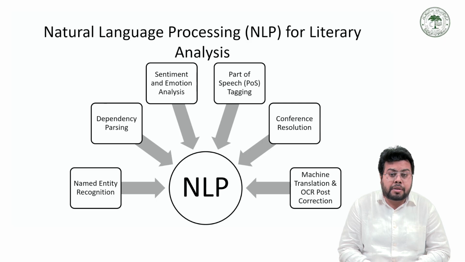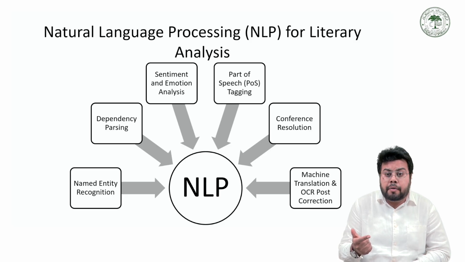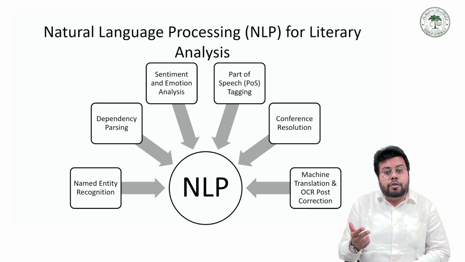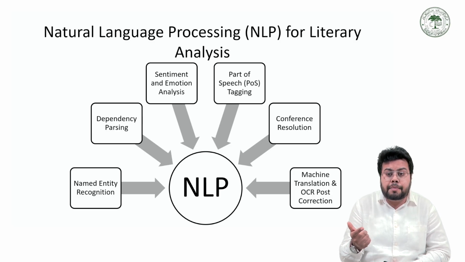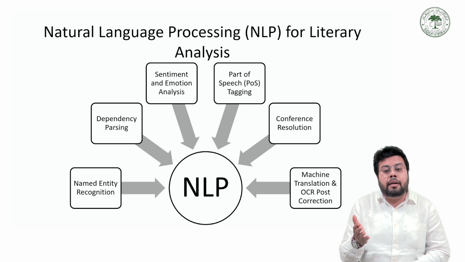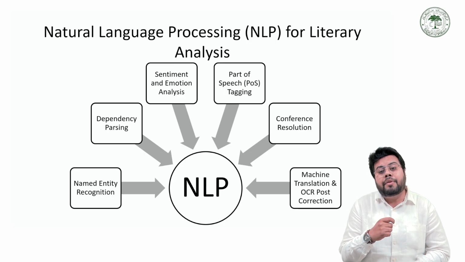Common natural language processing techniques in literary studies include tokenization, parts of speech tagging, named entity recognition, sentiment analysis, topic modeling, and text classification. These methods help scholars explore questions about authorship, style, genre, character relationships, and thematic development on a scale that would be difficult through traditional close reading alone.